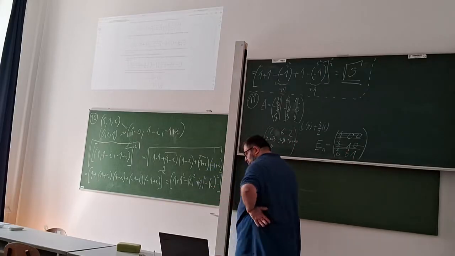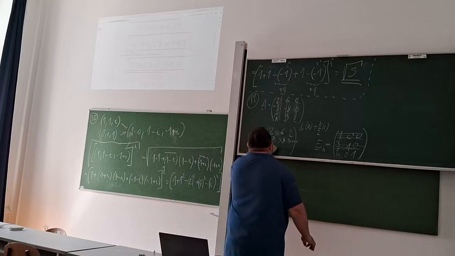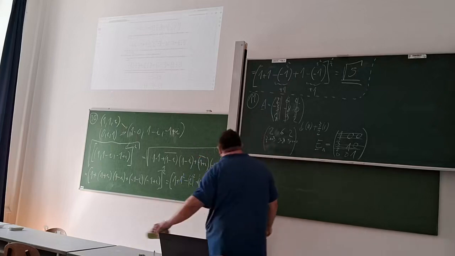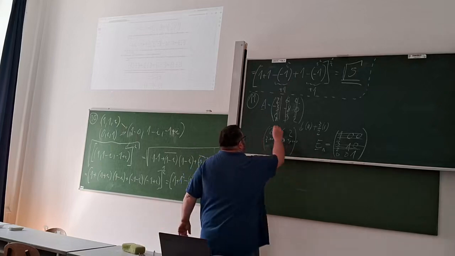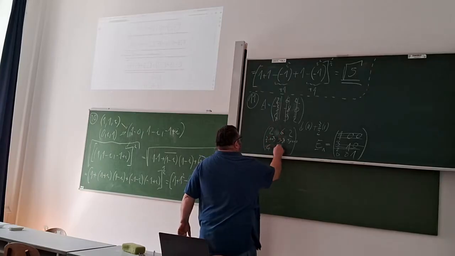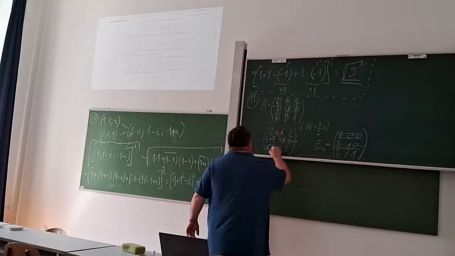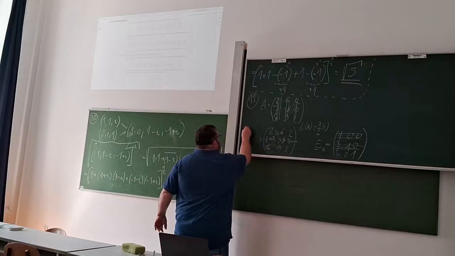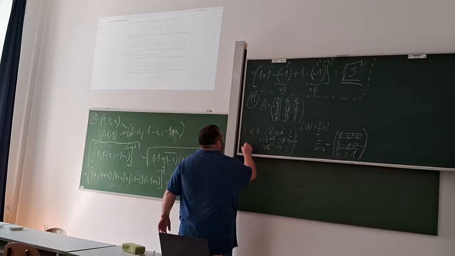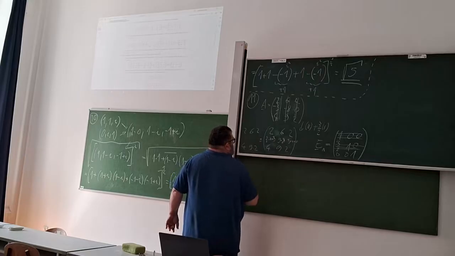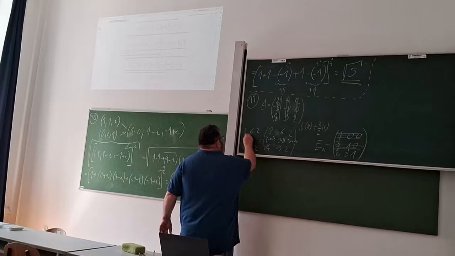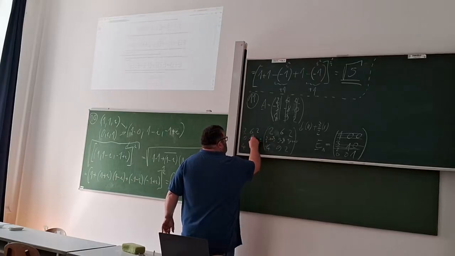Oh no, that's bad. So this is 4, 9, 2, and this is 2, 6, 2. This is 0. This is 1. This is 3.